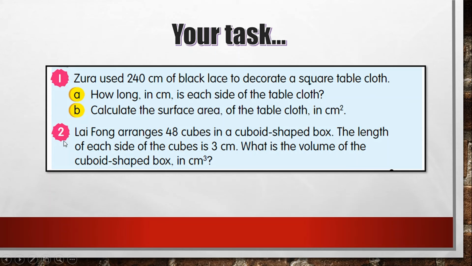Now look at number 2. Lai Fong arranged 48 cubes in a cuboid-shaped box. The length of each side of the cube is 3 cm. What is the volume of the cuboid-shaped box in centimeter cubic?